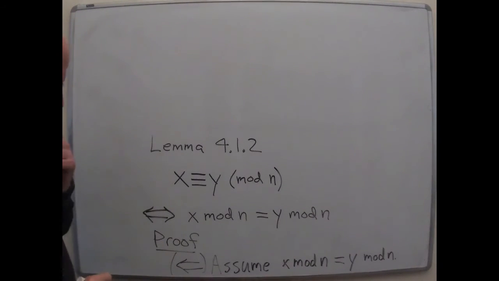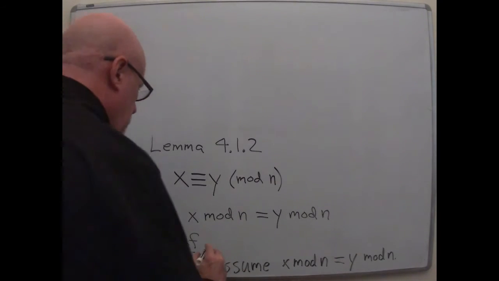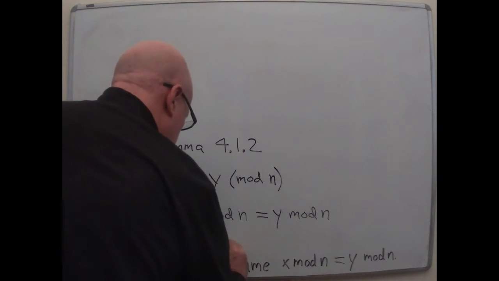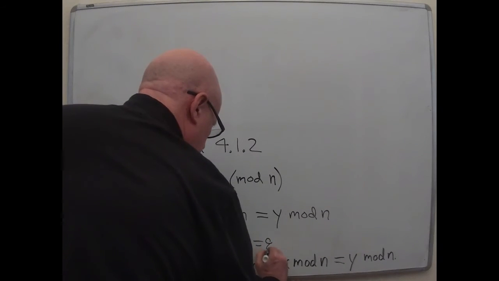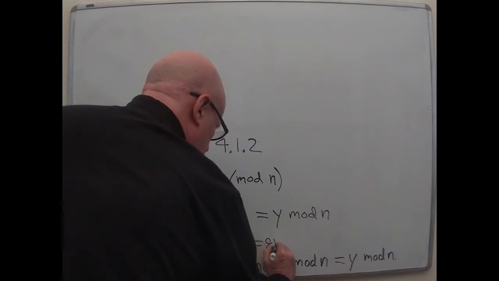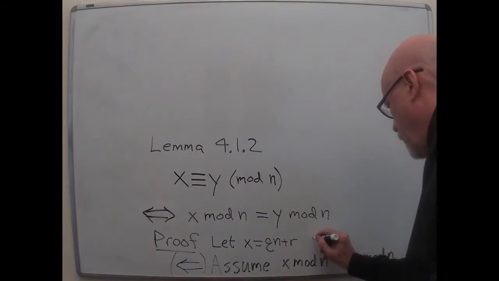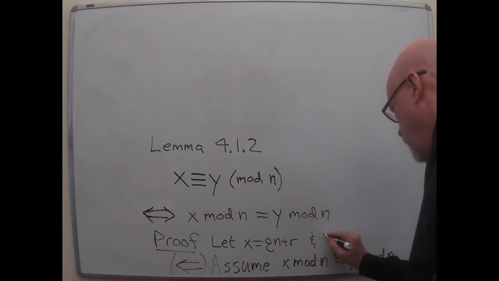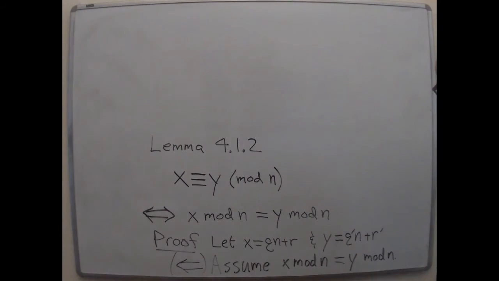I think, yeah, you know what? We should probably do just like they did in the book, which is do a little setup first. Let x be written in the quotient remainder form, so q times n plus r, and y would be q prime times n plus r prime.